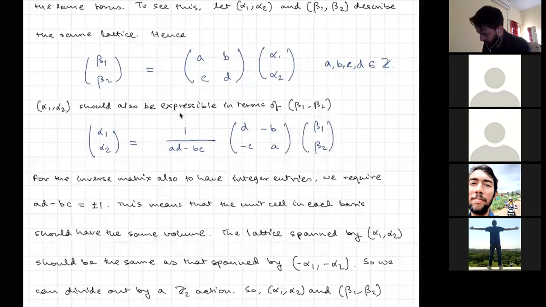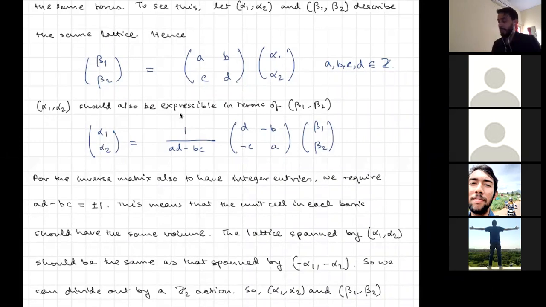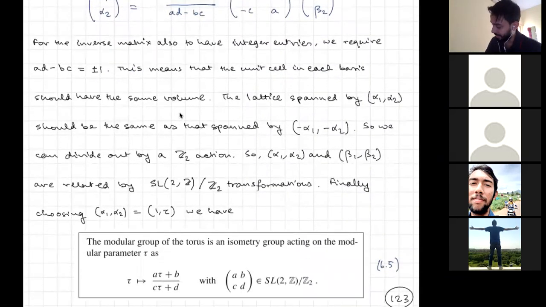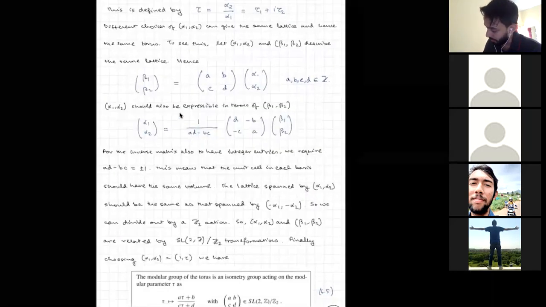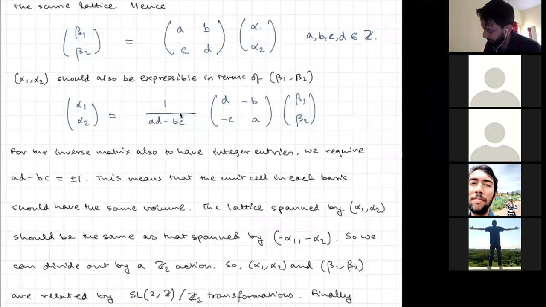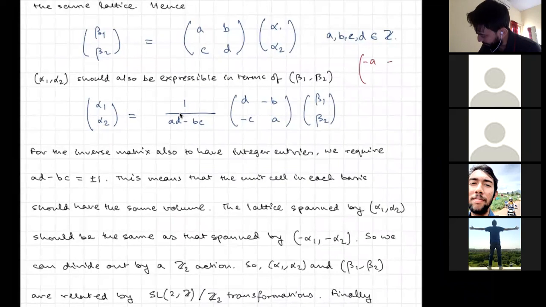So what's so special about the Z2 that you mentioned, alpha 1, alpha 2 going to minus alpha 1, minus alpha 2? Okay, so if you have minus A, minus B, minus C, minus D, both of these would be the same, right? Yeah, because they are leaving the same alpha 1, alpha 2.